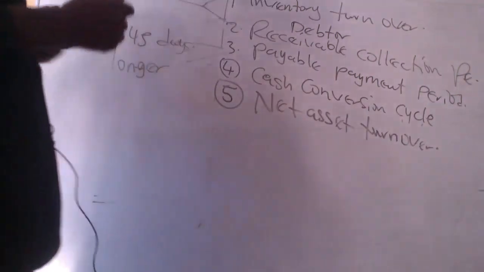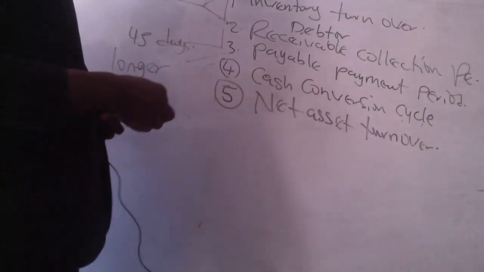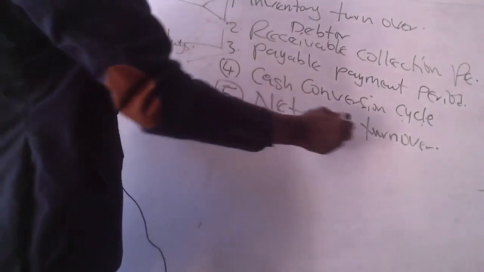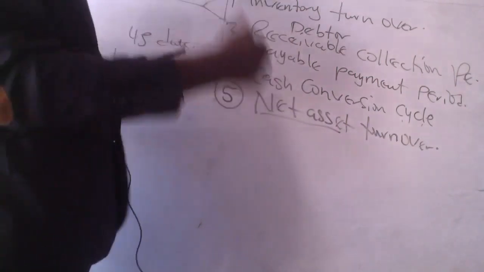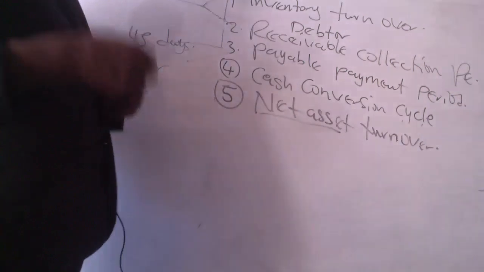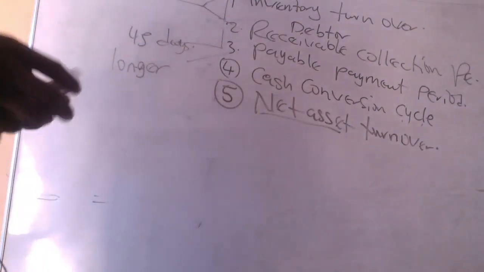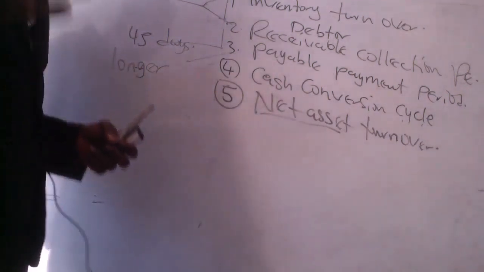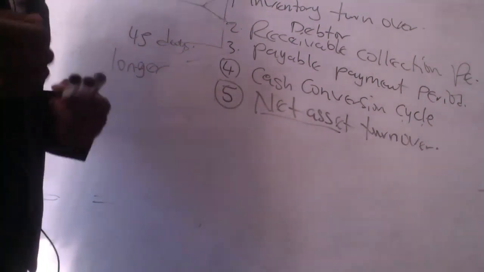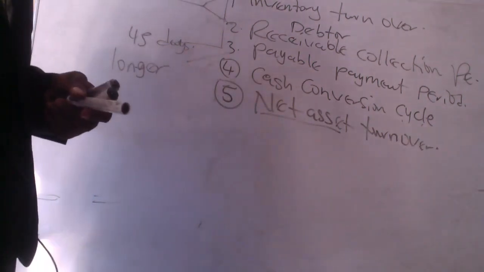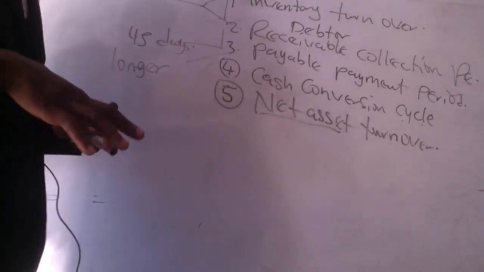It talks about how you utilize your assets or your net assets at your disposal to generate enough turnover, enough sales for your organization. It measures how efficient an organization is, how you utilize your resources at your disposal. And here, the higher the better.